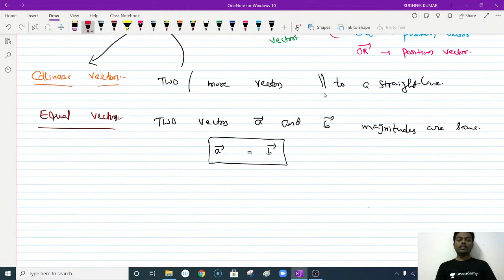The next one is the negative vector. What is a negative vector?